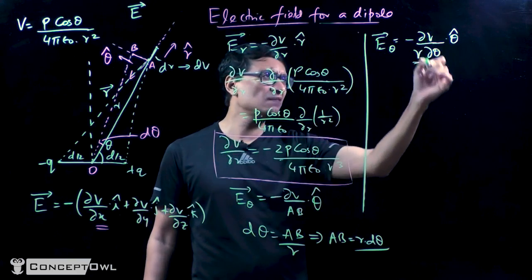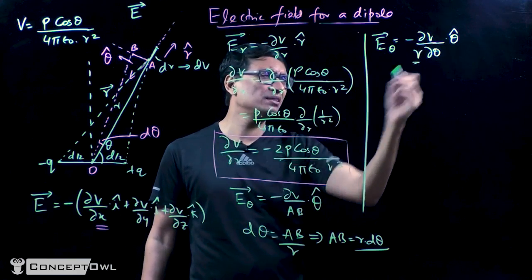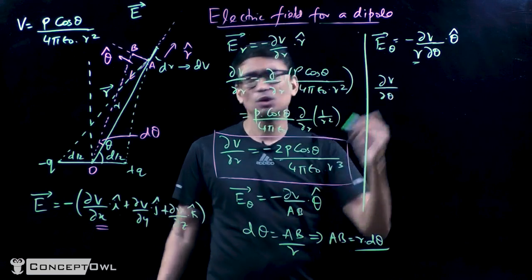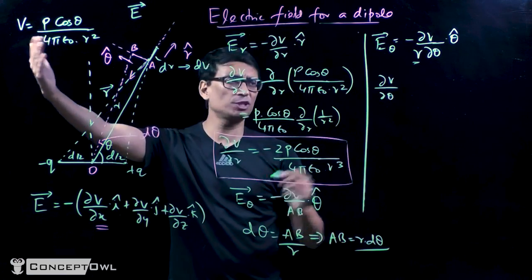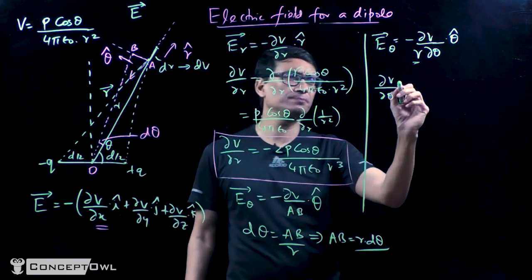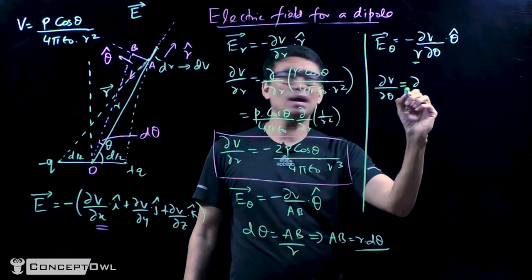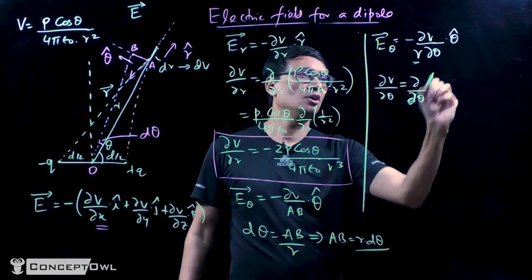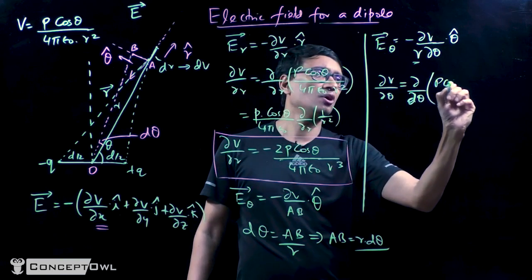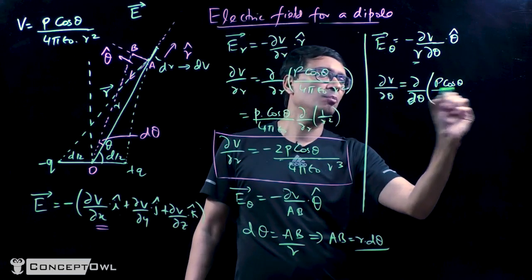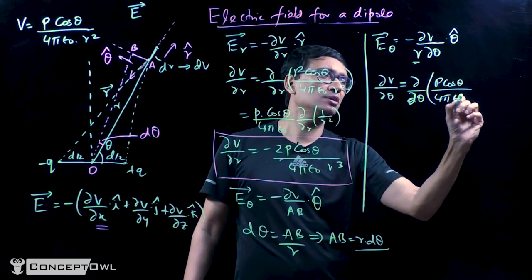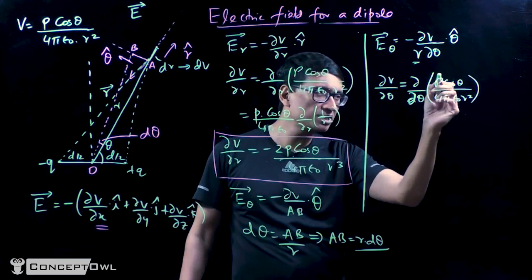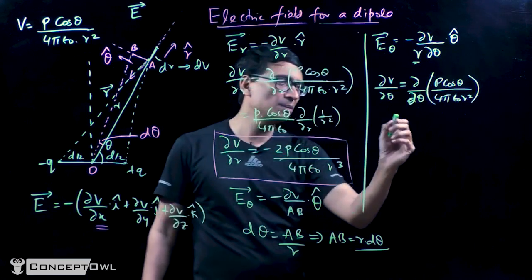Now let's find del V by r del theta. So del V by del theta would be, just differentiate this with respect to theta, keeping r constant. So this would be del by del theta of P cos theta upon 4 pi epsilon naught r square. Here P and the denominator, everything is to be treated as constant, so it will come out as coefficient.